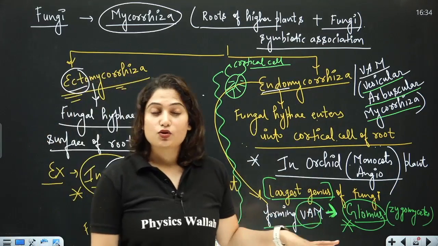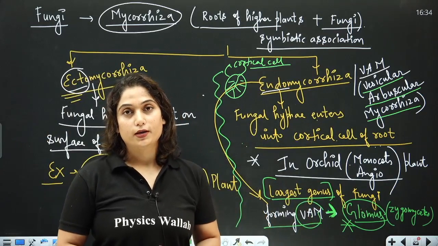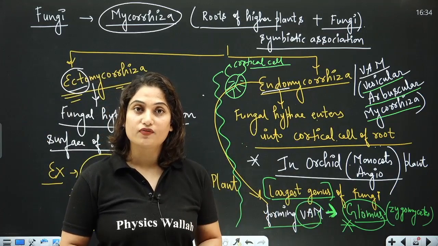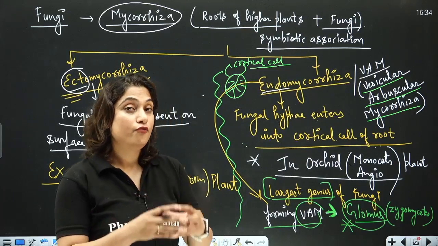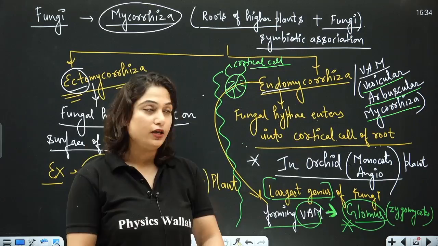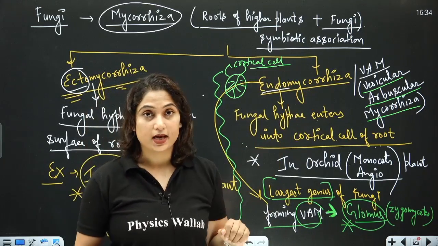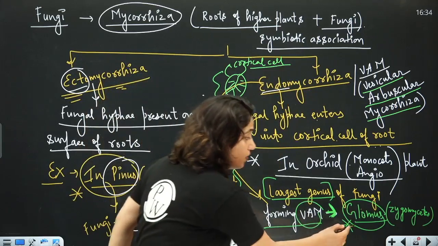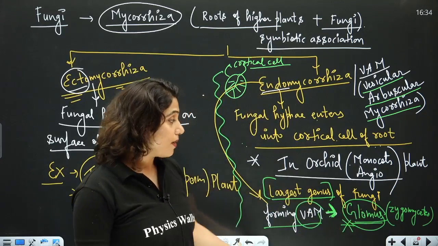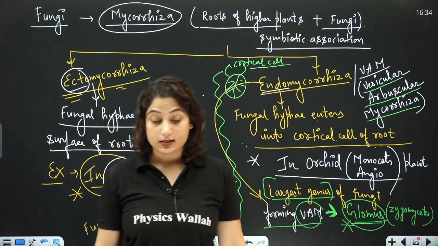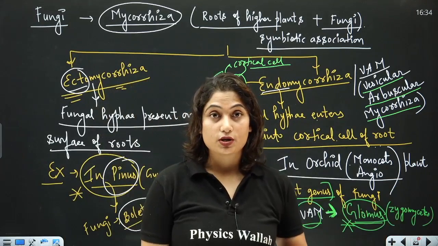And this question is very, very important. What is the name of that fungi which most commonly forms endomycorrhiza? Your answer will be Glomus, which is a member of the class Zygomycetes. So this is very, very important.